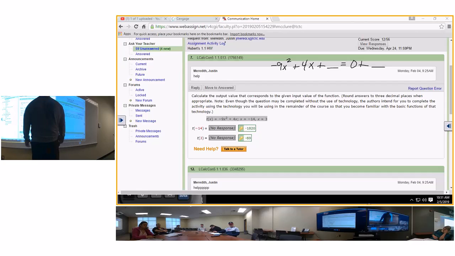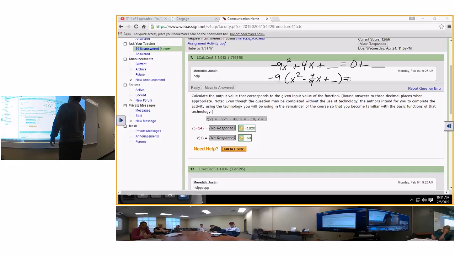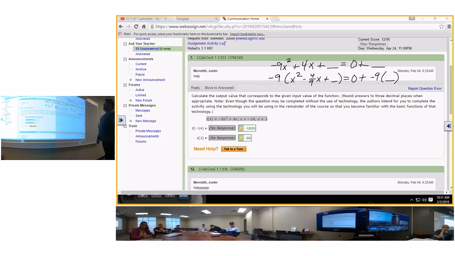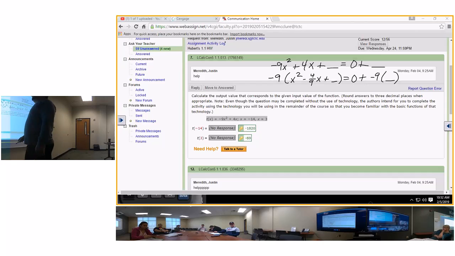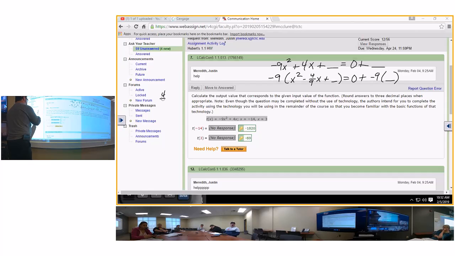Well, we got to factor out a 9, right? So factor out that negative 9: x squared minus 4/9 x plus blank is equal to 0 plus negative 9 times what? Blank. Take 4/9, divide by 2 and square it.